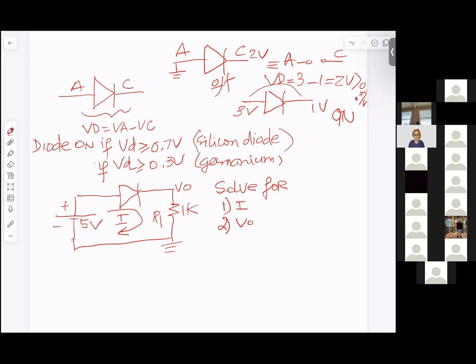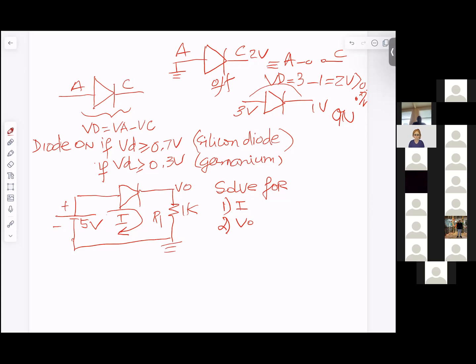Okay, if you look at this circuitry, is the diode on or off? On. On or off? It's on. Perfect. That's what I said. So you have to talk to me, okay? Try to get more active in the program.